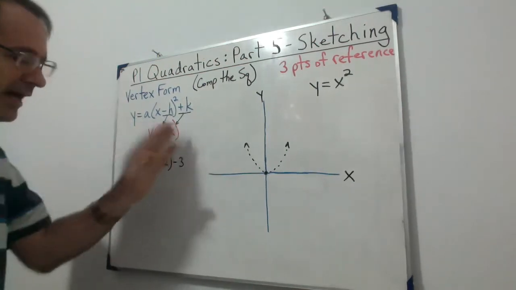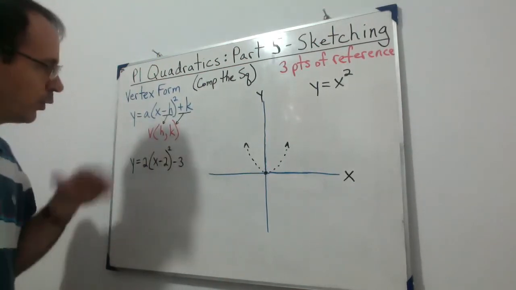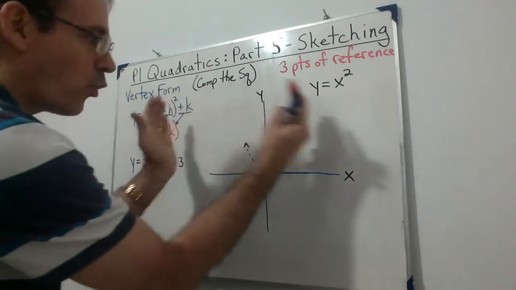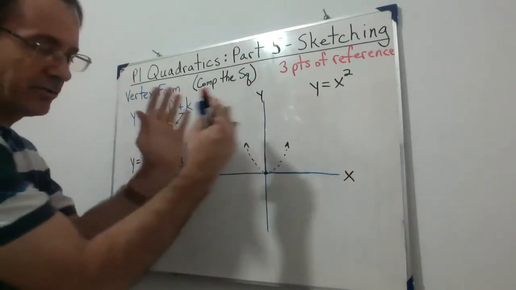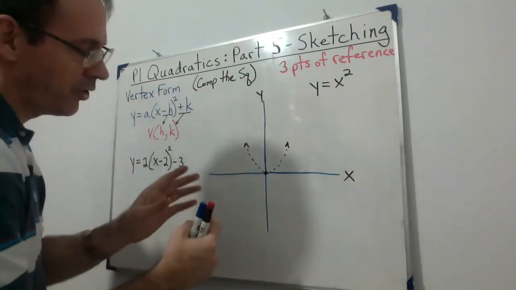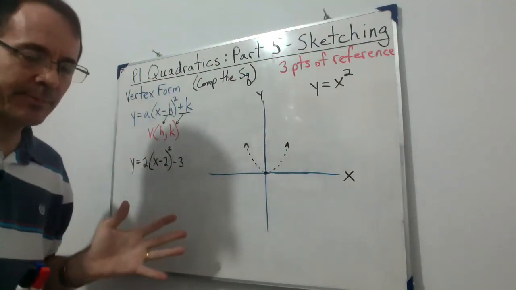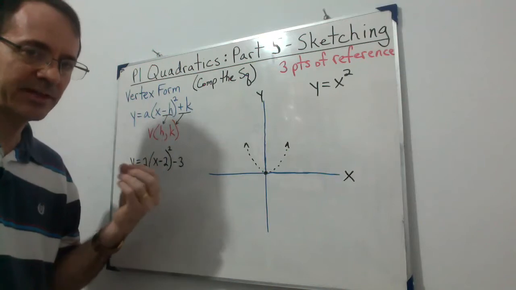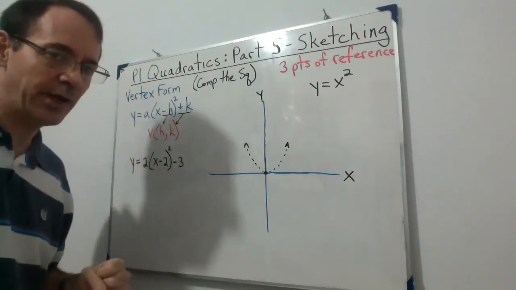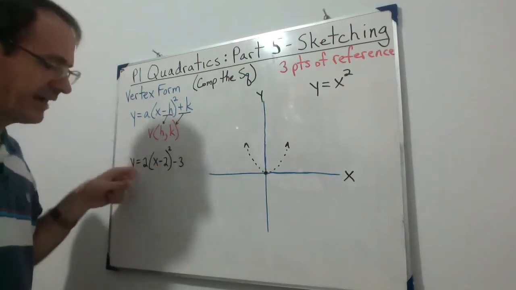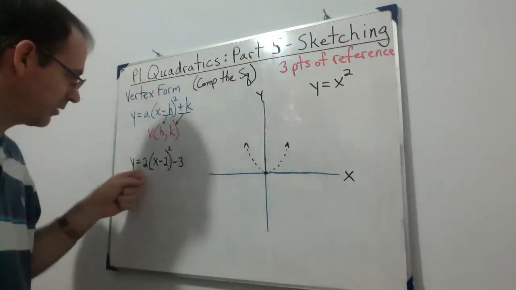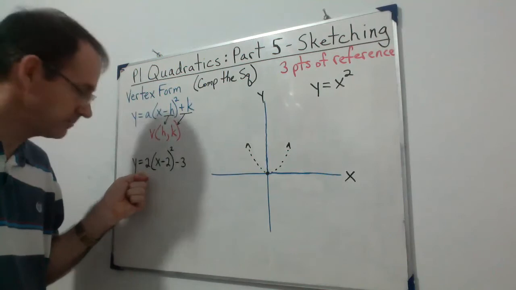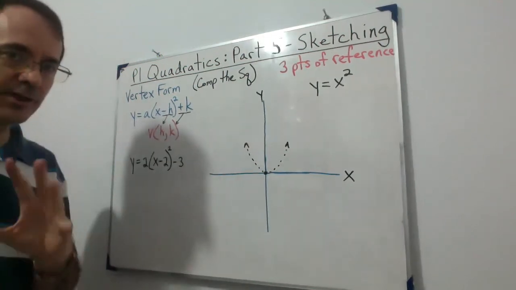The A does not affect the vertex. What the A affects is how wide or narrow your parabola stretches out. So you don't really have to worry about it. It's not something that you should really concern yourself with. All you need to know is that number either makes it wider or narrower depending on whether it's a whole number or a fraction. So you don't really need to worry about it.